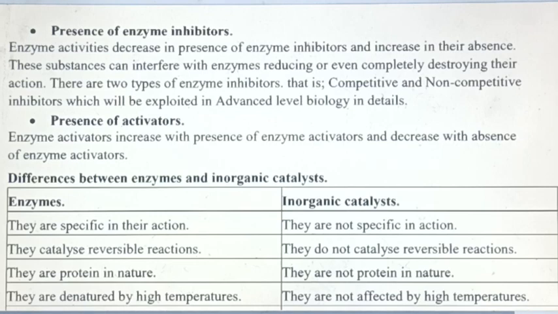We are looking at activators increasing the rates of reactions. But if these activators are not present, the rate of reaction will be affected and lowered. Now, instead of providing an activator, you bring in an inhibitor.